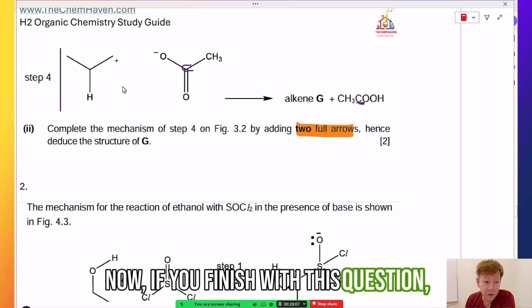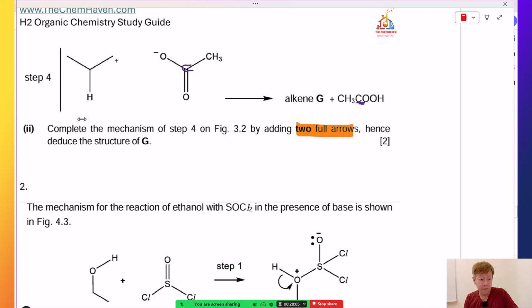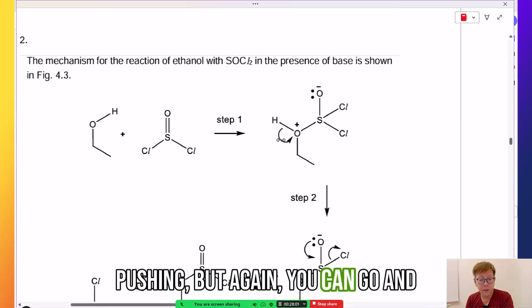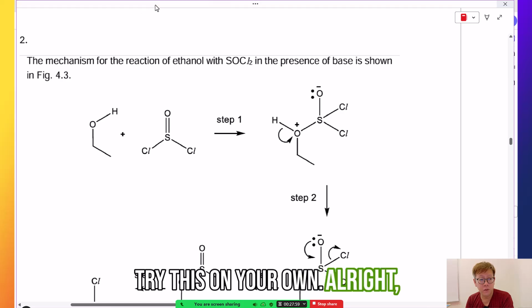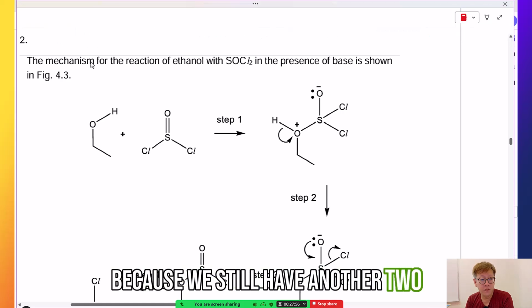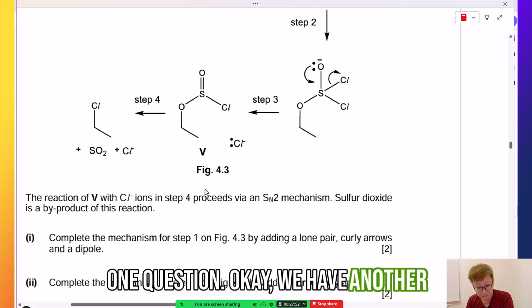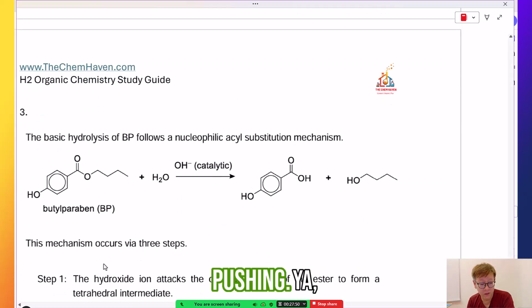Now, if you finish with this question already, I don't think I will go on to the last arrow pushing, but again, you can go and try this on your own, because we still have 2 more questions. This is just 1 question. We have another 2 more questions on the arrow pushing.